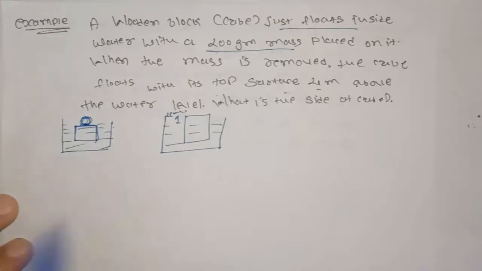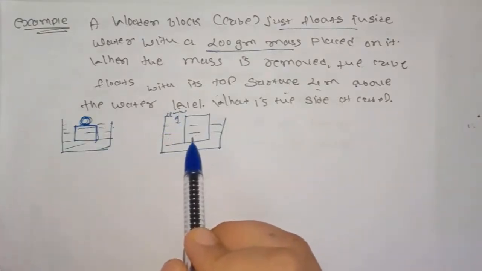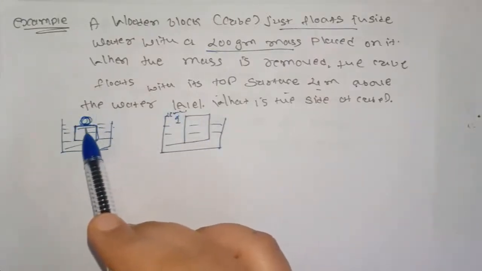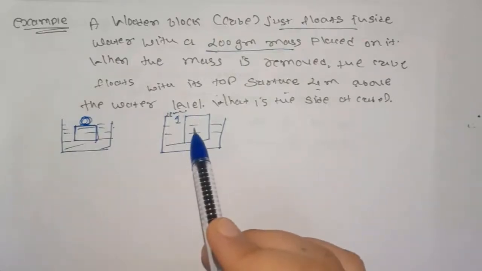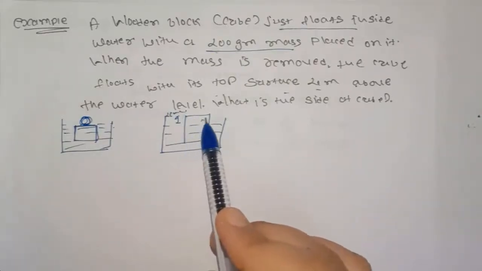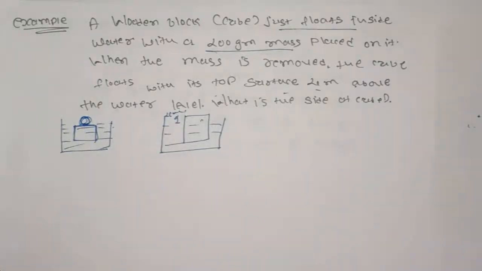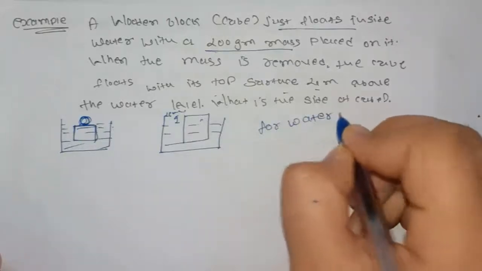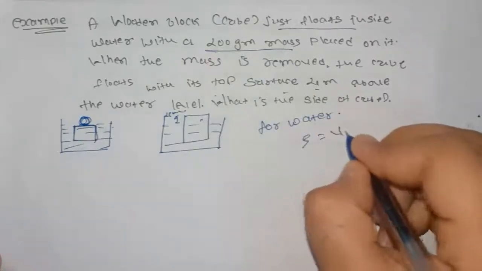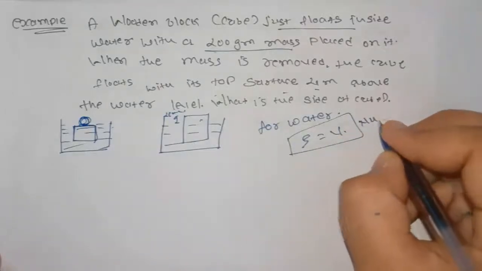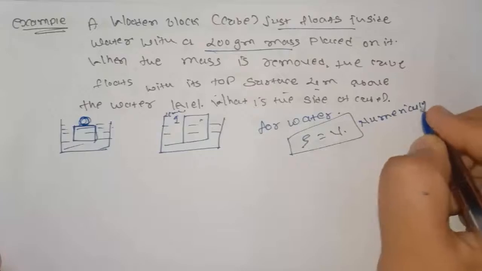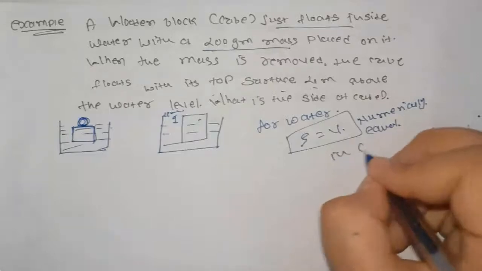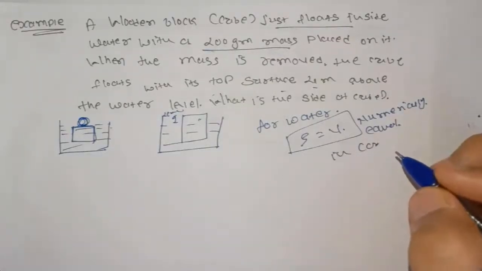Here the wooden cube's tendency was to float, but due to the additional force applied by this mass, it was submerging. So the additional volume immersed is equal to the mass. Here remember, if the liquid is water, then for water, density and volume are numerically equal, not dimensionally, they are numerically equal in CGS, because density of water in CGS is 1 gram per cubic centimeter.